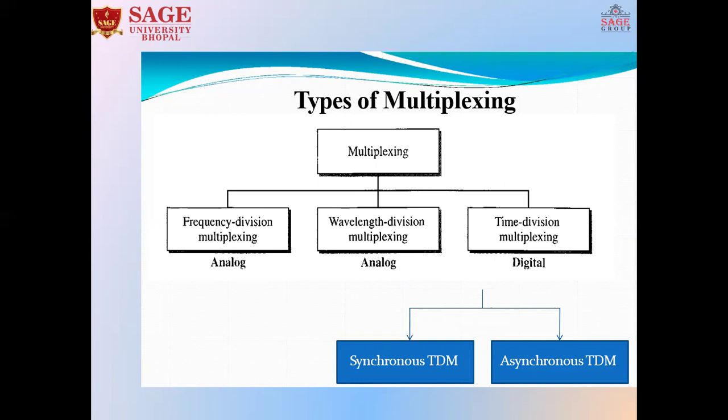Again, time division multiplexing is subdivided into two types, synchronous time division multiplexing and asynchronous time division multiplexing. In this lecture, we will discuss the analog type of multiplexing, frequency division multiplexing, in short FDM.